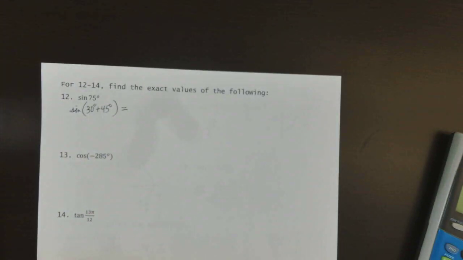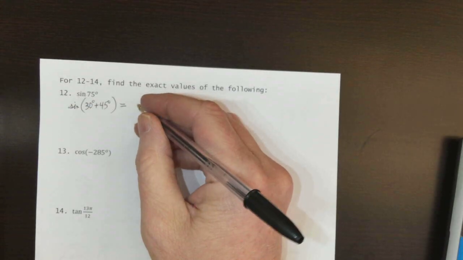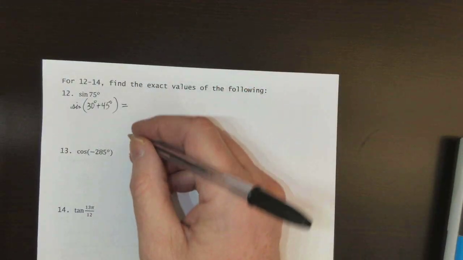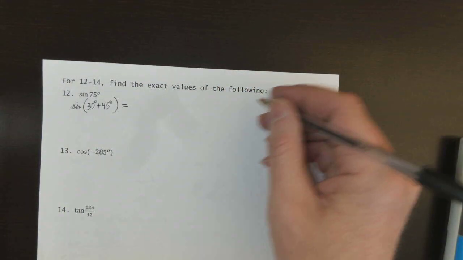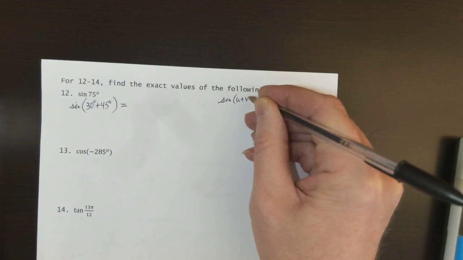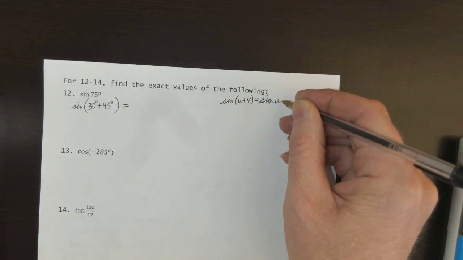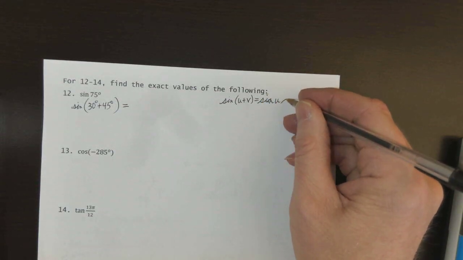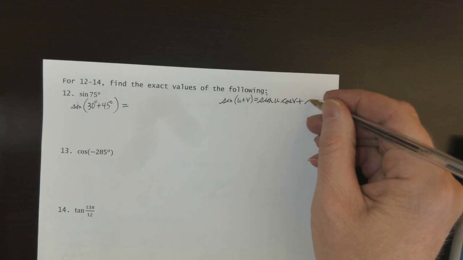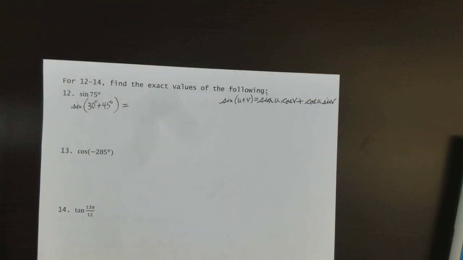The angle sum for sine is: sine of u plus v equals sine u cosine v plus cosine u sine v.